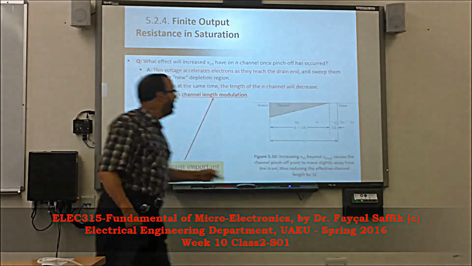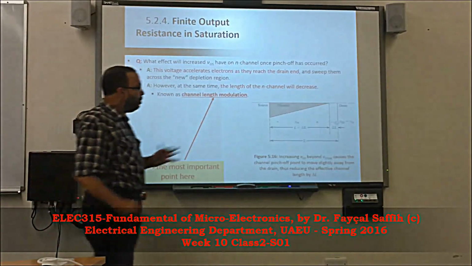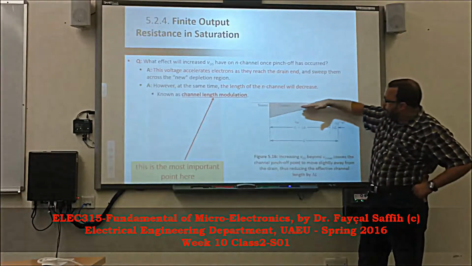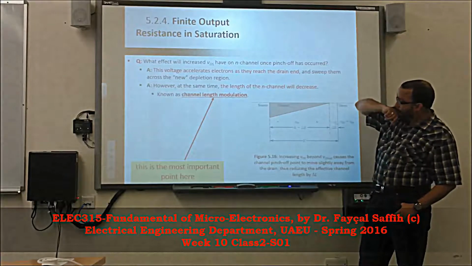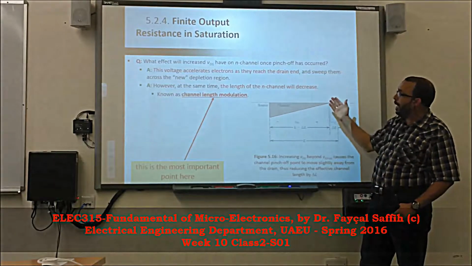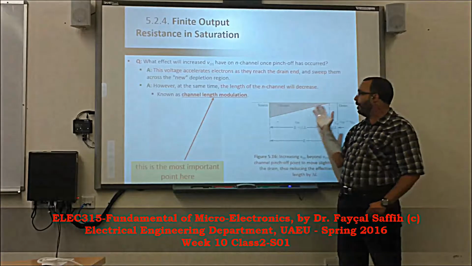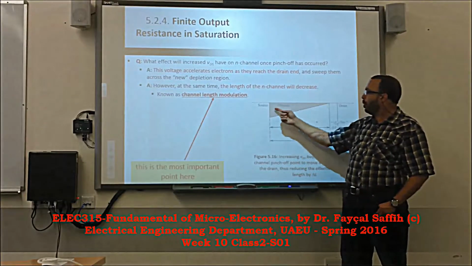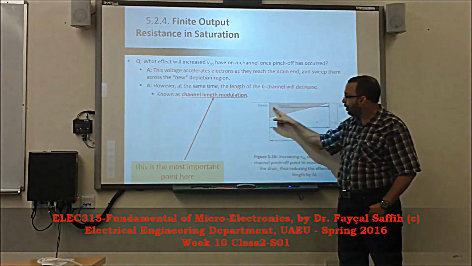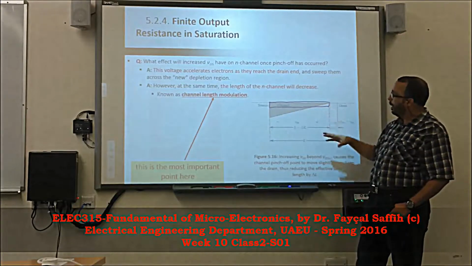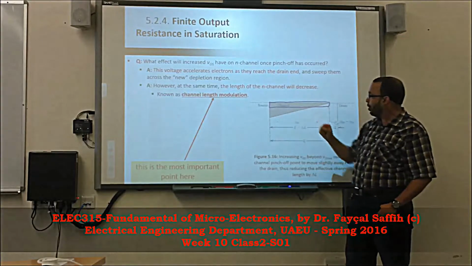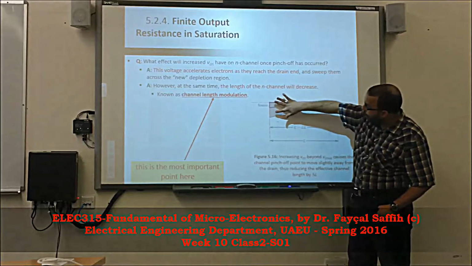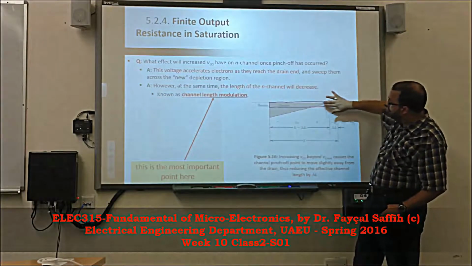So basically we said that the pinch off started when the voltage over the channel in saturation, or when VDS is above the overdrive, that voltage VDS modified the shape of the channel, which was rectangular initially when VDS was very small. It modified it to this triangular shape. Why? Because now the voltage over the channel is not the same everywhere.